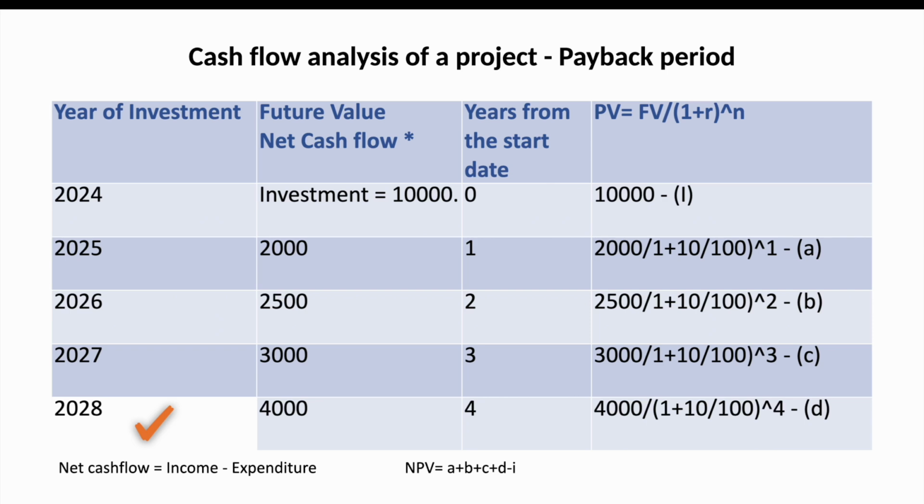Hence we say that the payback period of this project is approximately 4 years after the initial investment. In 2025 we will get a return of approximately 2,000, then 2,500, 3,000. So in 3 to 4 years' time, we should be able to take the money out of the project.